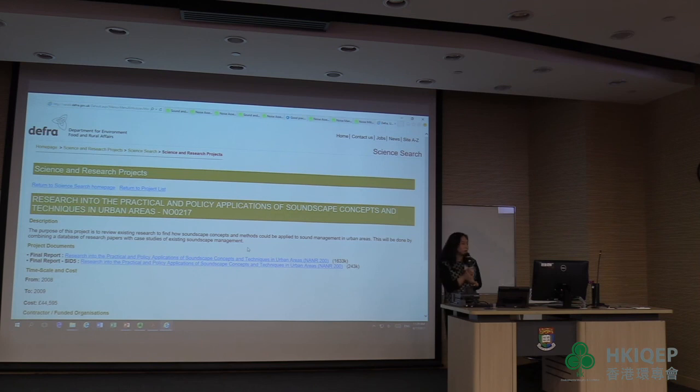And also by using soundscape planning, that's a way to improve the urban ambient acoustic environment. So there's a research report that we have made reference to. It's done by the University of Salford in the UK. So the research is into the practical and policy application of soundscape concepts and techniques in urban areas.